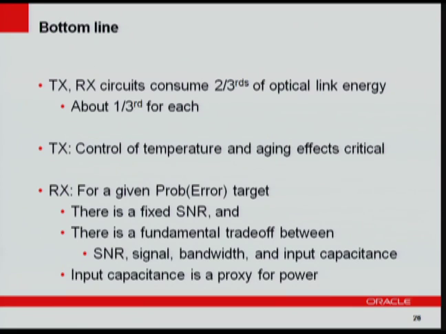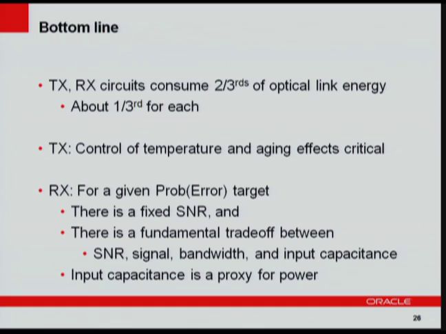So the bottom line here is that the TX and RX circuits consume about 2/3 of the optical link energy, about 1/3 each. So they're a large fraction, but as you've seen through this presentation, on the TX side, one of the more worrisome parts is really the control of the environment of your modulator, for example.